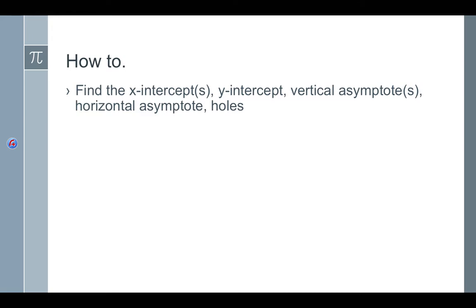We know that the x-intercept comes from the numerator, so that's going to help us write the numerator. And we know the vertical asymptotes come from the denominator, so that's going to help us write our denominator part of the function. And then the y-intercept and the horizontal asymptotes are going to help us determine the final form of the equation. And you'll see what that means as we get going here.